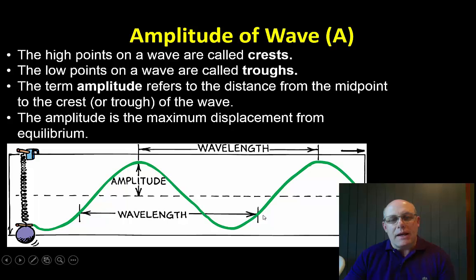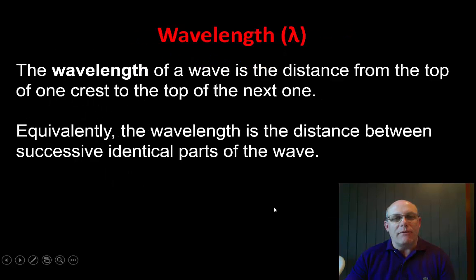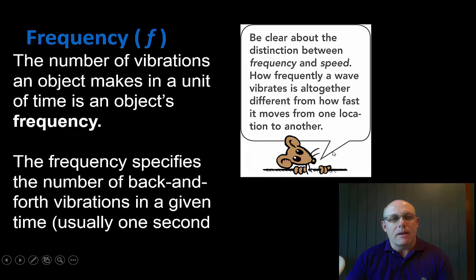So it's the distance for one complete full wave, in other words, for the wave to reproduce itself. The wavelength is the distance from the top of the crest to the top of the next one. It's simply the distance between successive identical parts of the wave, which is a really good way of remembering that.